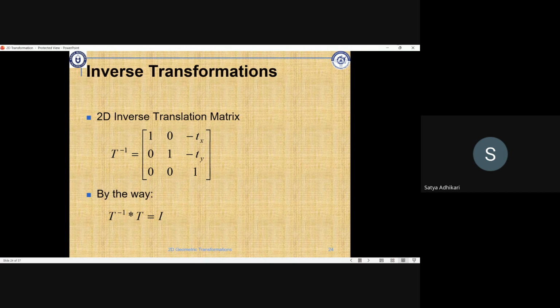Identity matrix means a matrix in which all the main diagonal elements are 1, and all other elements are 0. So you will get I. I means there is no change of the object. So the inverse translation matrix is used to retain the original position of the object after translation.